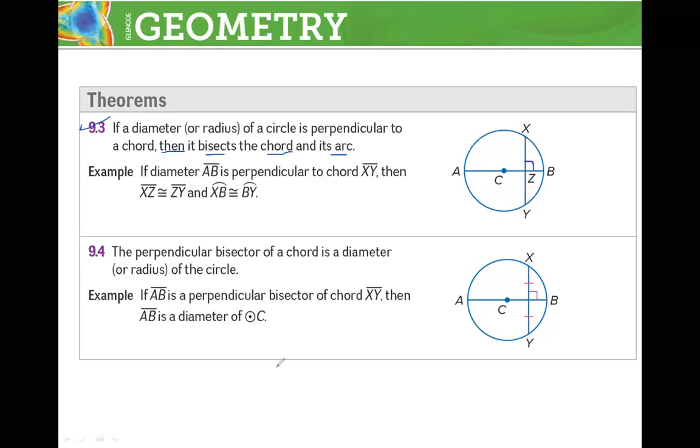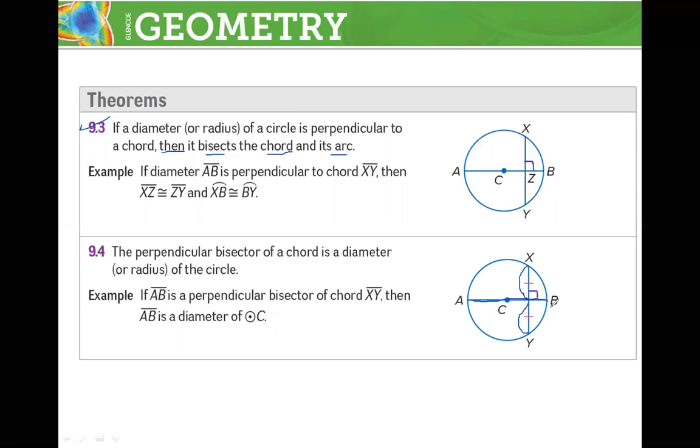It's the opposite. If we have a perpendicular bisector, it means this line, which is AB, is perpendicular to XY. It means this angle is 90, and it also bisects XY. It means this part is equal to this part. So this line will be a diameter.